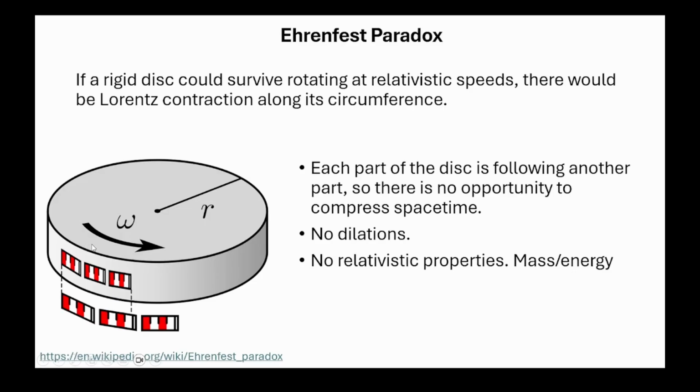Now, what I'm trying to say is that any piece on this disk is going to be rotating in a circle. And this is going to be following the piece in front of it, and so on, until you get this complete loop where you always have material following material that's already rotating. Because you have this continuous loop, there is not going to be an instance where that mass is going to need to create some sort of inertial sphere condition. And so you're not going to get a state where you need to create an increased density in space-time particles.